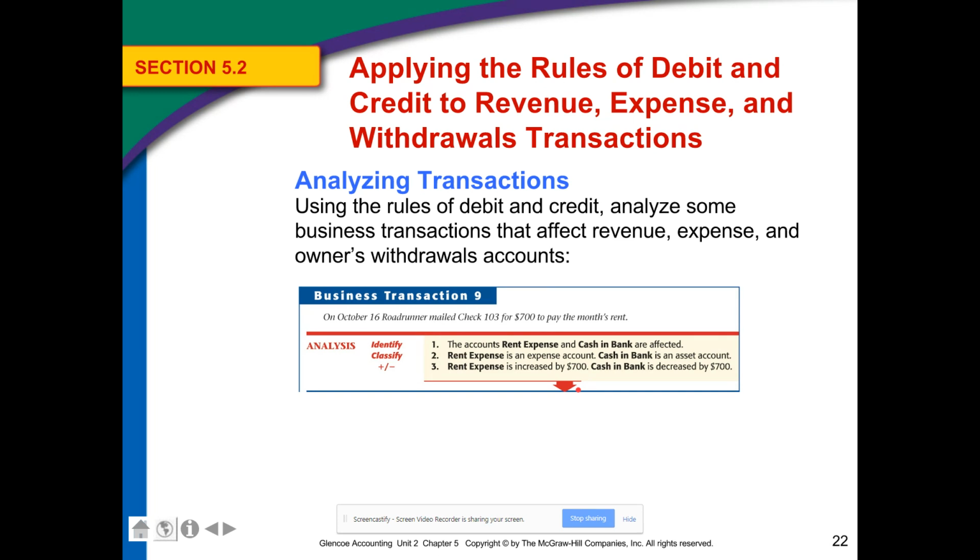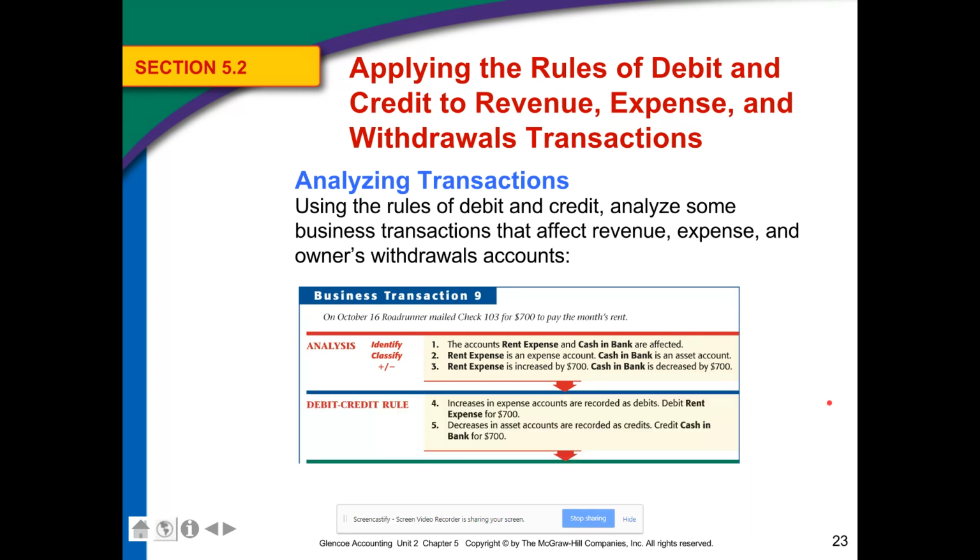My cash and bank decreased by $700. And I always think, what did I do to cash? I decreased cash, so I'm going to credit cash. That means I have to have a matching debit, so my rent expense must be debited. And my debit and credit rules tell me that, and that's what my T accounts look like.